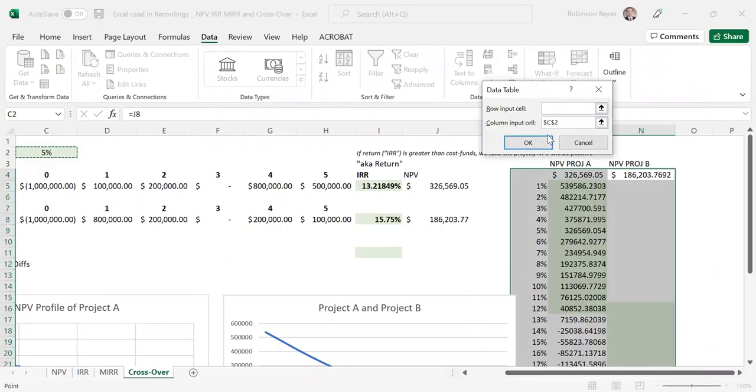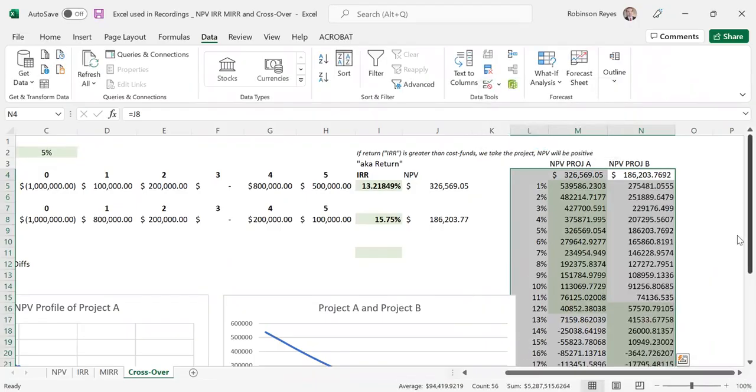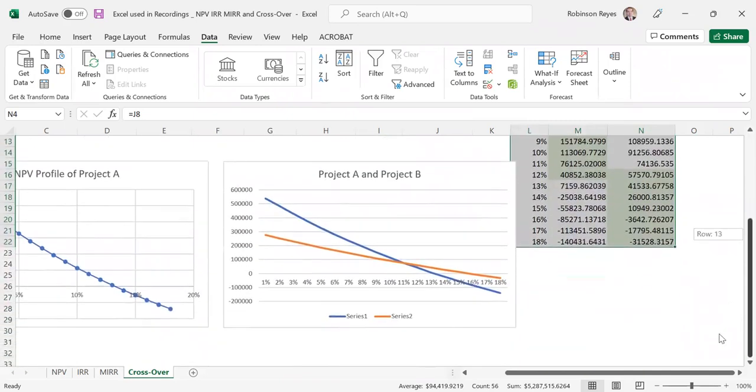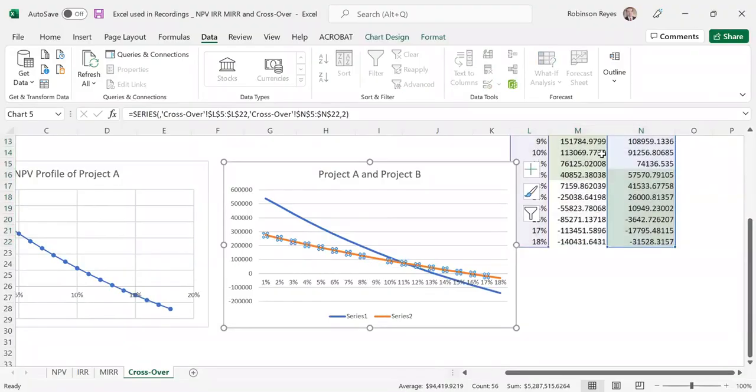Now, in this second graph, it's just plotting this table. Now we have project A, which we already had before, but now we have project B.